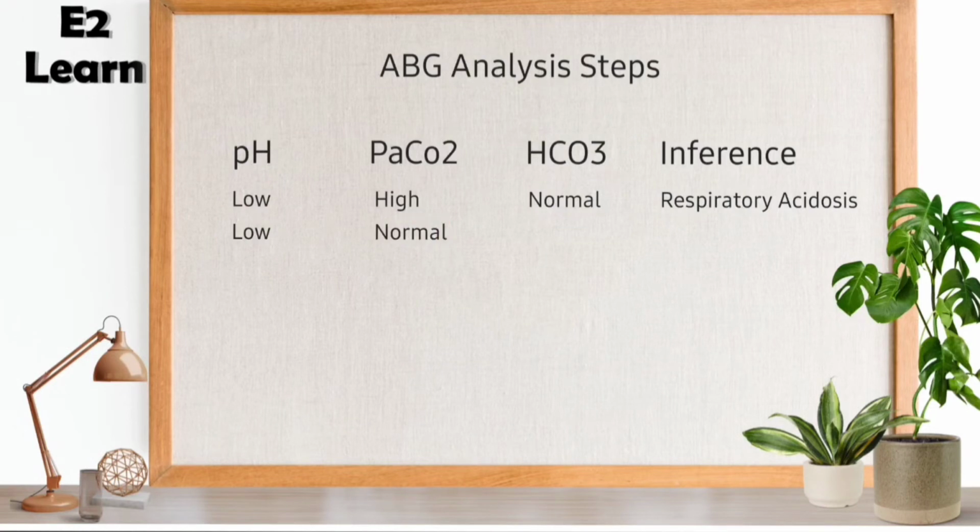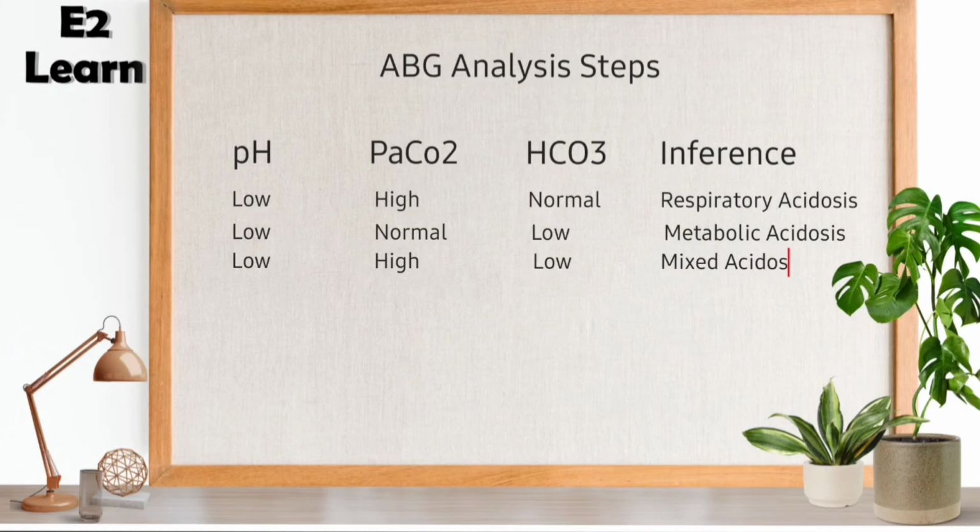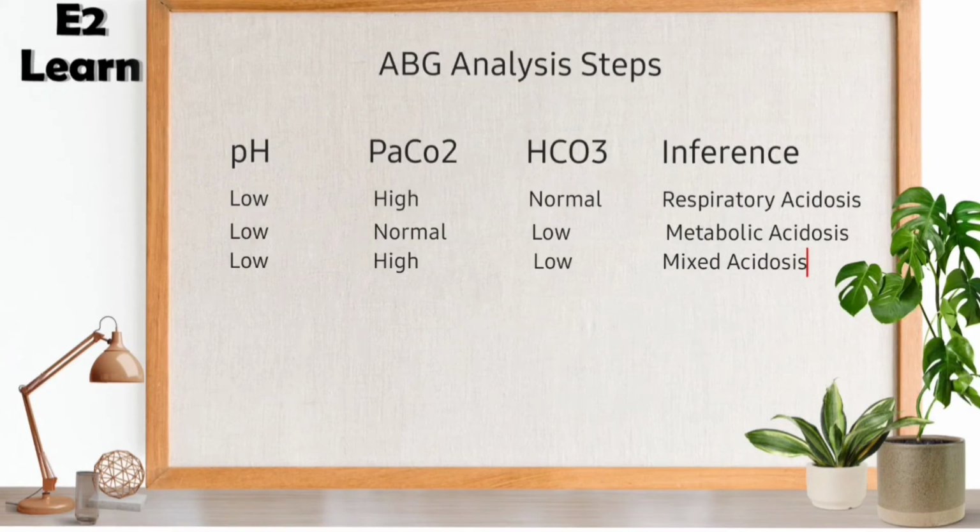If the pH is low, the PaCO2 seems normal, and the bicarbonate is low, it can be confirmed that it is a metabolic acidosis. If the pH is low, the PaCO2 is very high, and the bicarbonate is very low, then it is considered to be mixed acidosis and it is very dangerous. We may have multi-organ failure in the patient, so we have to be very cautious in treating the patient.